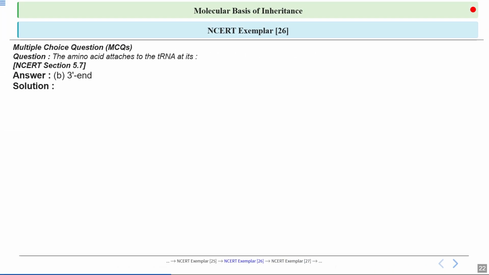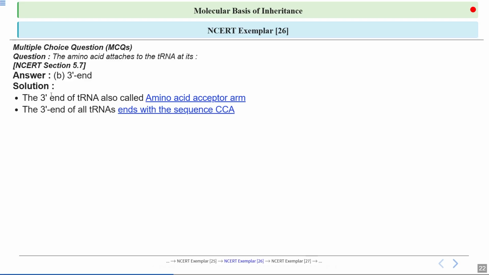Okay, option number B, the 3 prime end, is the correct answer. Now the 3 prime end of transfer RNA is also called the amino acid acceptor arm. So the amino acid binds to the 3 prime end of the transfer RNA. Okay. Now the 3 prime end of the transfer RNA ends with the sequence CCA.